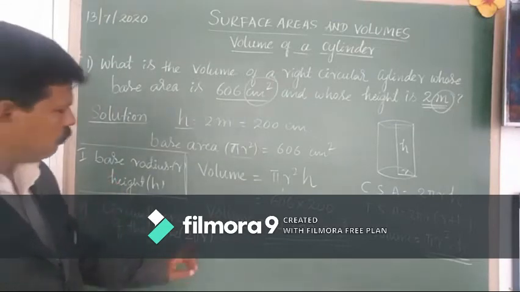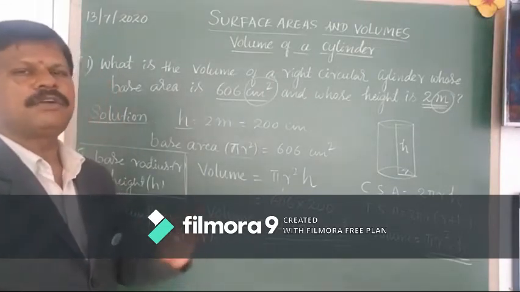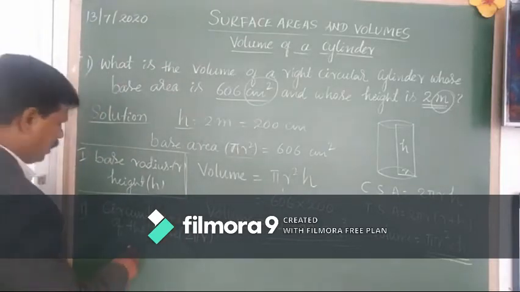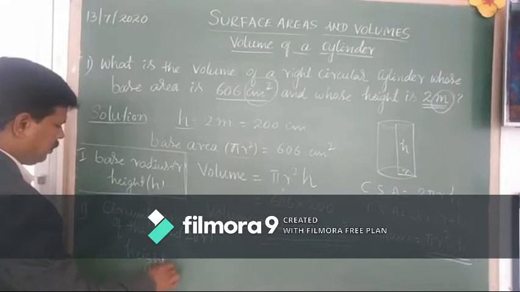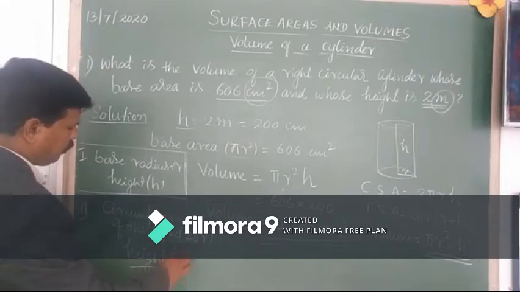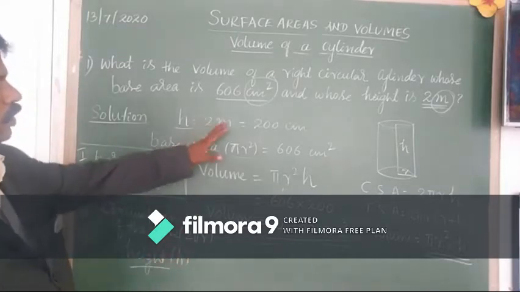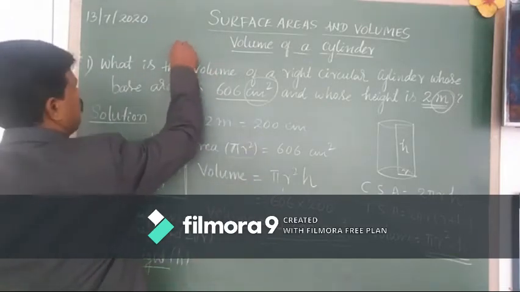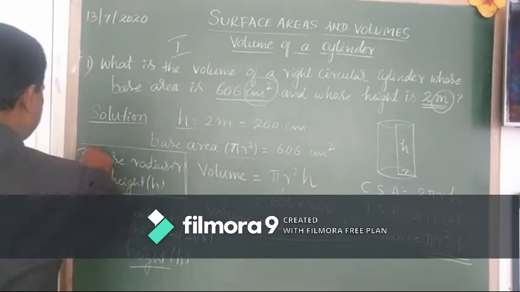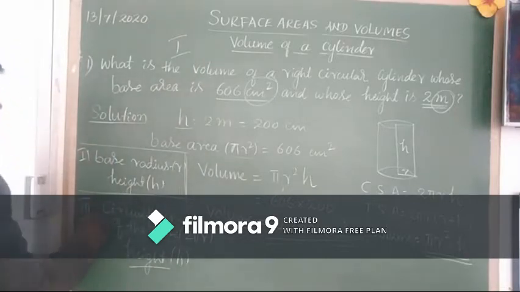Our work is to first find the radius of that circular base, and the height h they will give. So this is the first type, this is the second type and this is the third type.